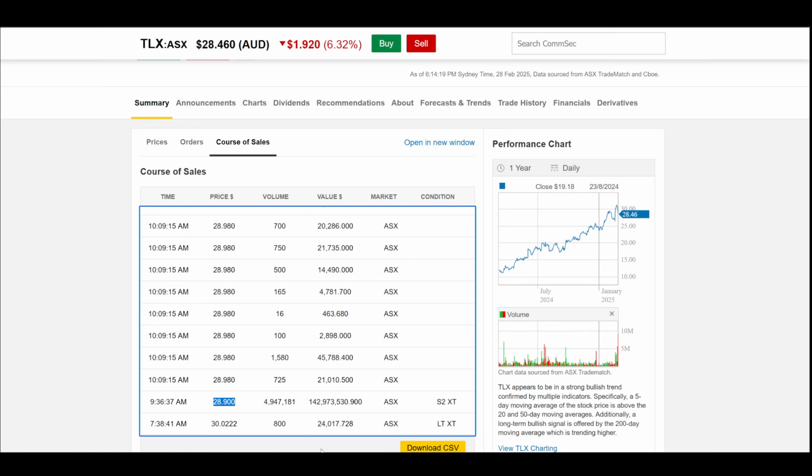So what happens is these institutions find people that are selling the shares, and they will buy in large portions and then report to the ASX, which is where the S2 and S3 comes in.